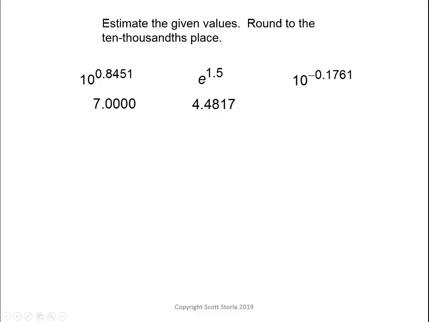In this case, after pushing the shift, for instance, and then the log key, I use this exponent and get a number very close to this. Here's the next one. After pushing shift or second function ln and entering the exponent, I get a number very close to this.